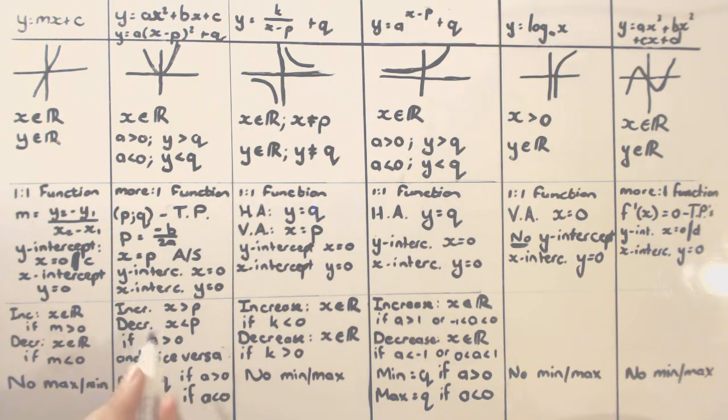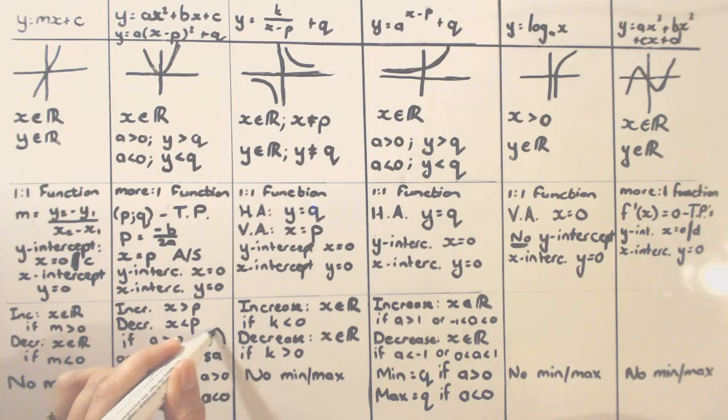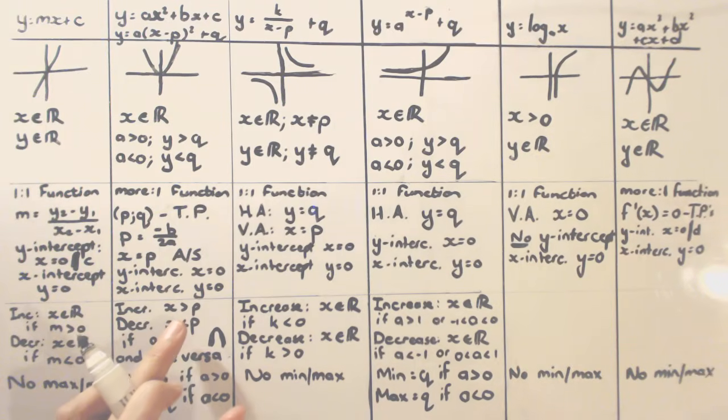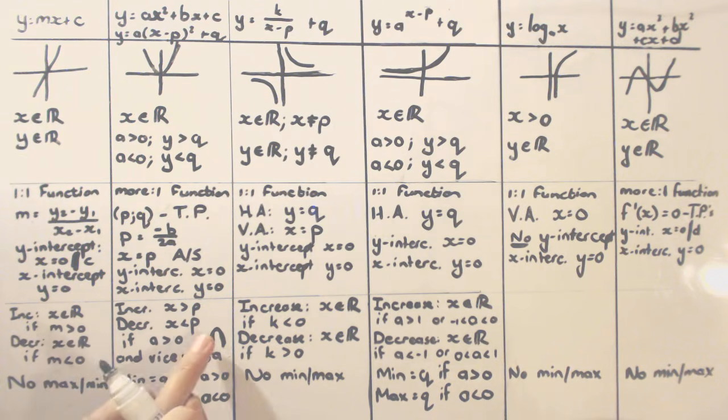So if my a value is smaller than 0, then I will have a graph that looks like that, and then I will increase for the values smaller than p and decrease for the values bigger than p, if that makes sense. Right, so that is how this will work.